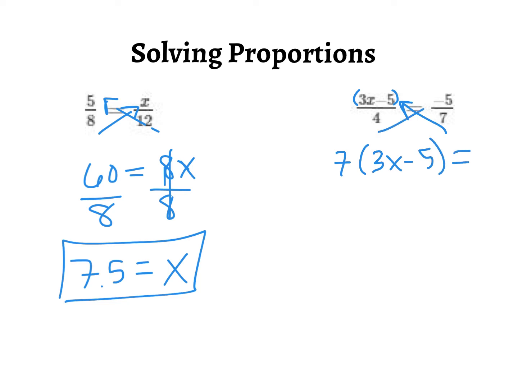And on the right side, I have 4 times negative 5, which is negative 20. On the left, because I'm multiplying by 2 terms, I have to do distributive property. 7 times 3x and 7 times negative 5. So that gives me 21x minus 35 equals negative 20.